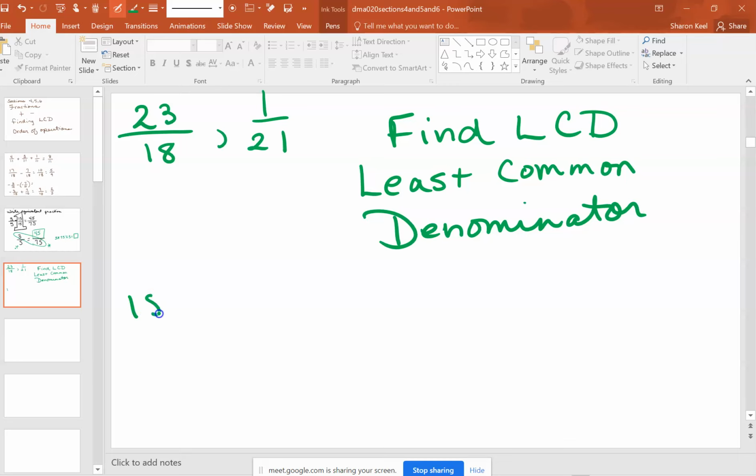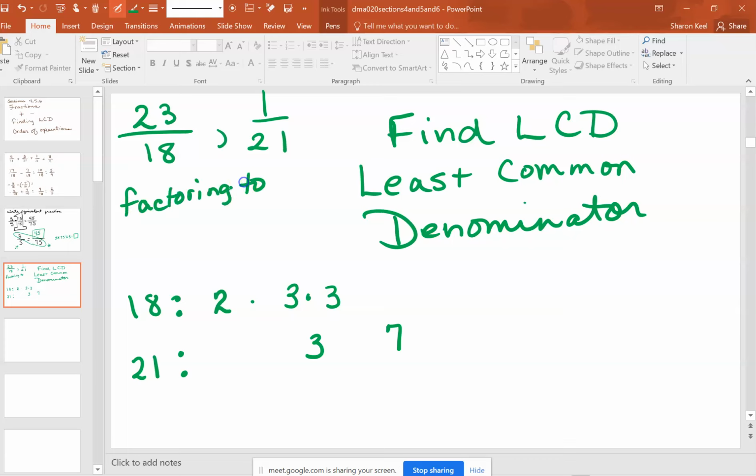In order to do that, I would take the number 18, and if I factor 18 completely, that would be 2 times 9. 9 can be factored into 3 times 3. If I were to factor 21, 21 would be 3 times 7. So what I am doing is factoring to prime numbers. That's what we do first.